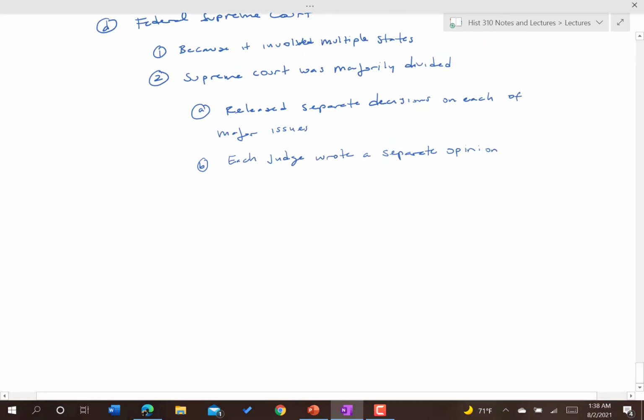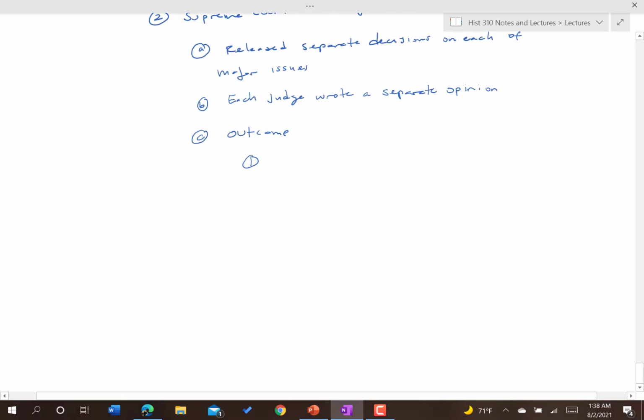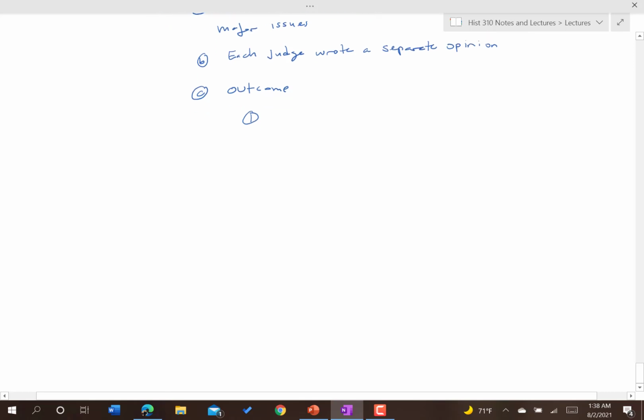Worse, however, was we'll put outcome here. This had devastating effect, short term, I suppose, considering that ultimately you end up in civil war, but it was the exact opposite outcome of what they wanted. It was probably the worst possible outcome, the Dred Scott decision, because it didn't help them at all, and in fact hurt them and gave the South a huge win, which only bolstered the Southern resolve to continue with what they saw as their legal right, now supported by the Supreme Court, the federal Supreme Court, to slavery.